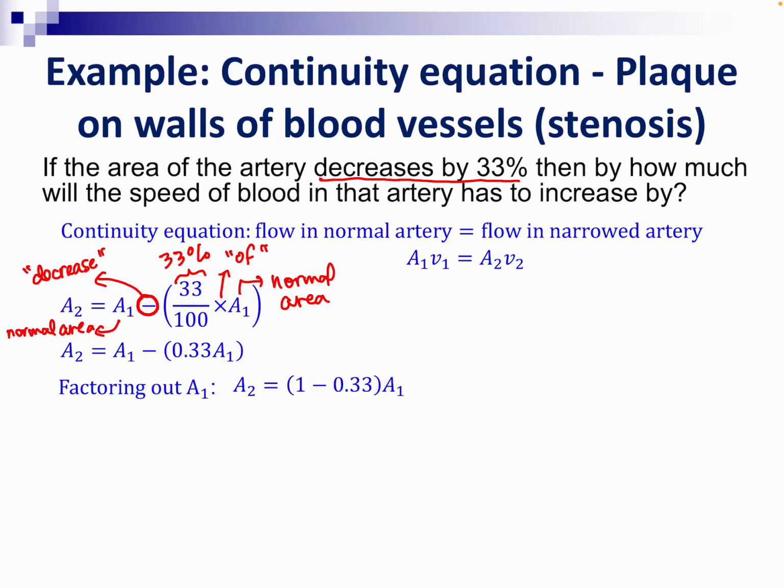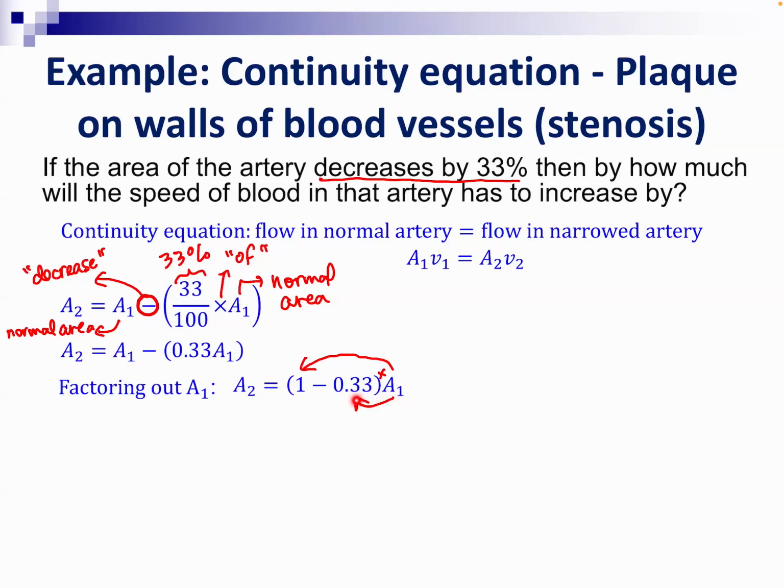So factoring out usually takes this form. You have a bracket times whatever is the thing that's common in all of the terms. If you want to check if your factorization is correct, if you have a bracket, that's the same as multiplication. So it's like 1 minus 0.33 multiplied with A1. And if you're multiplying something with the brackets, you need to multiply that thing to each term in the bracket. So if you multiply A1 to each term of the bracket, you have A1 times 1, that's equal to A1.